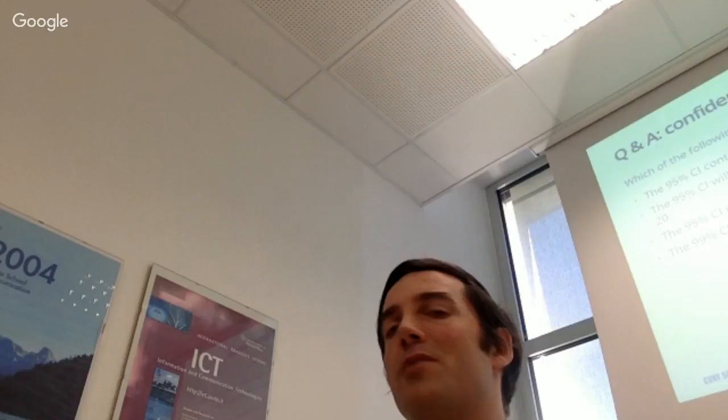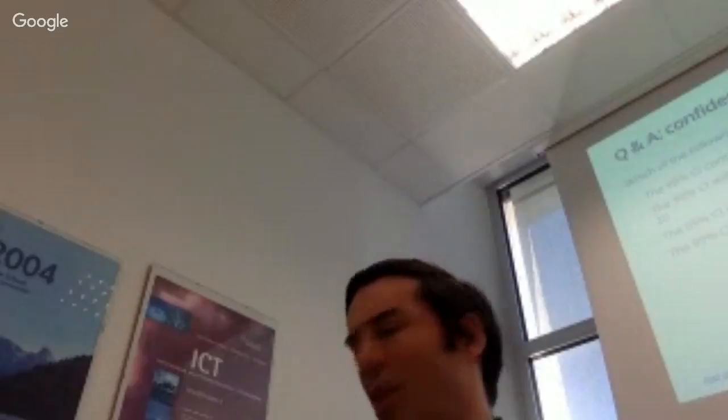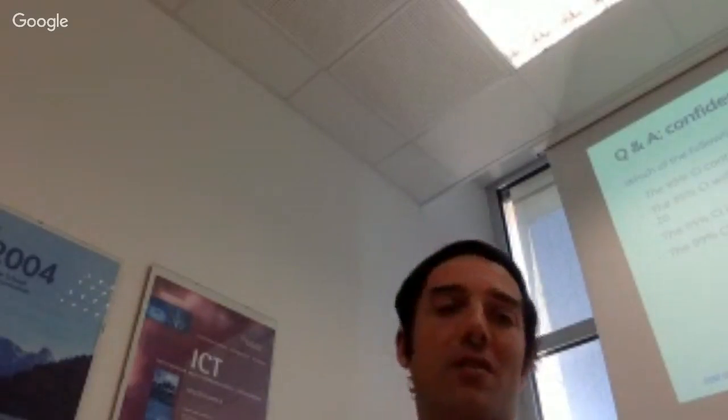There's another concept, the credible interval, which is a Bayesian calculation, and it turns out to be somewhat different from the 95% confidence interval.